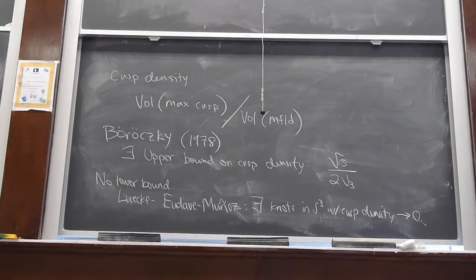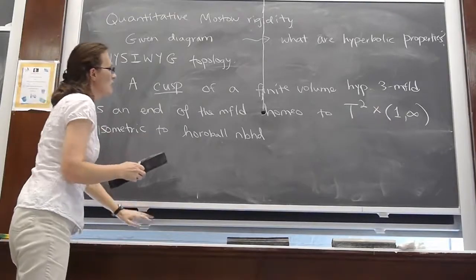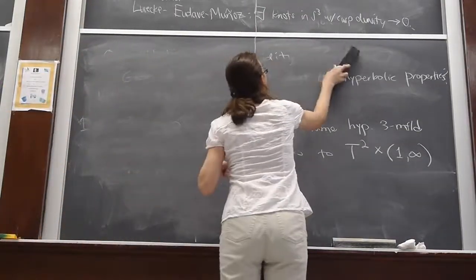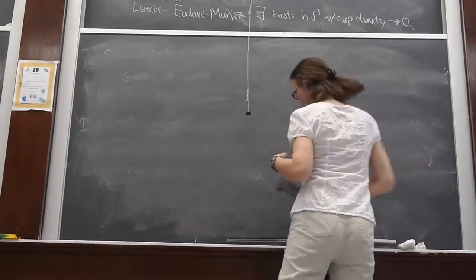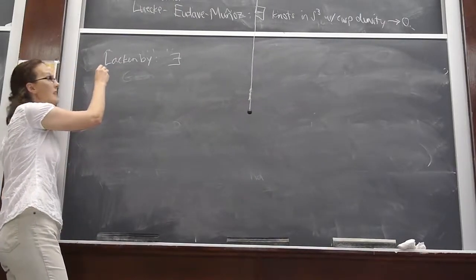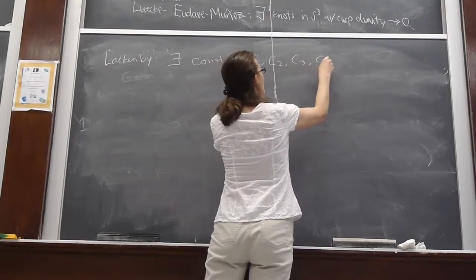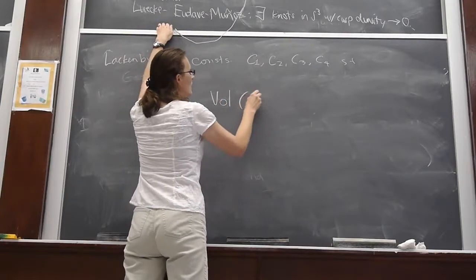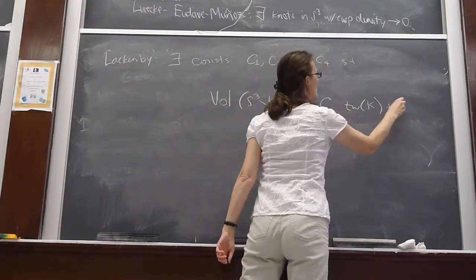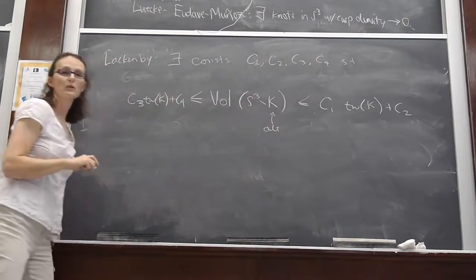Okay, but so by work of Lackenby, as I mentioned before, there exist constants, I didn't write these down, such that the actual volume of an alternating knot is bounded by linear functions of the twist region.